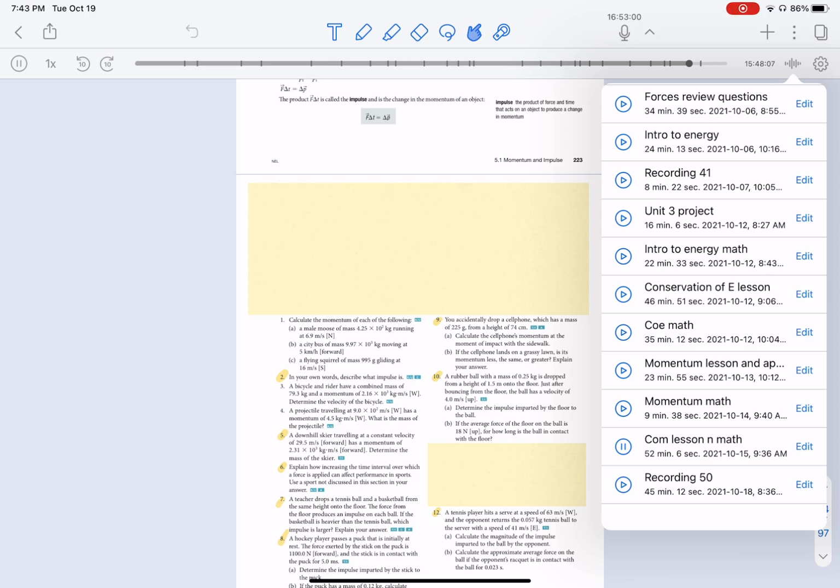The next thing is the table of values. There's different ways to do this too. So I can do the mass of the rifle is 1.9 kilograms. Mass of the bullet is 30 grams.